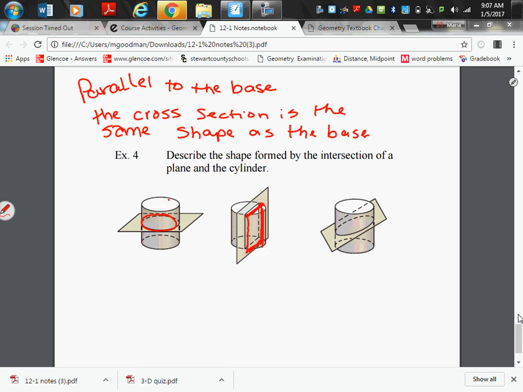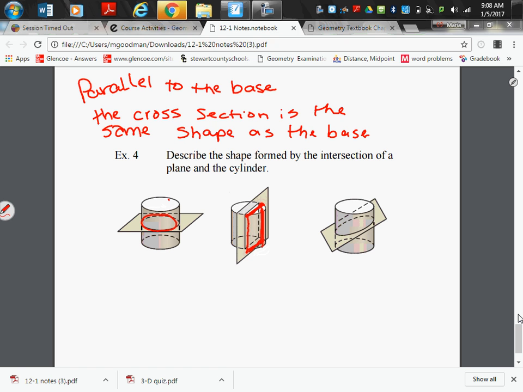So what shape is formed when you cut a cylinder perpendicular to the base? Hold on, don't talk. Think. This is cut perpendicular to the base, because the base and this plane make a 90-degree angle.